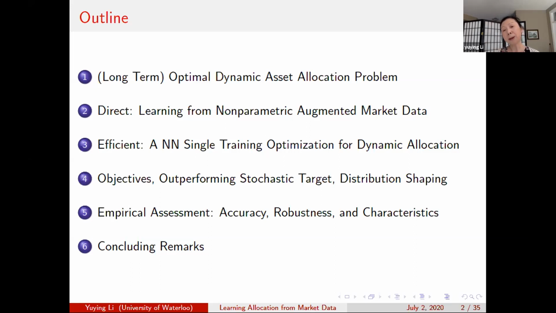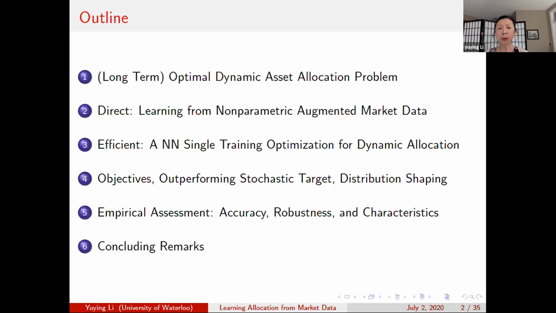Then I'll talk about how we actually learn, because this is a multi-stage optimal dynamic control problem. We propose to solve the problem by solving a single training optimization for all the multiple steps of optimal control using a neural network. I'll talk about the advantage of solving the problem in this fashion.